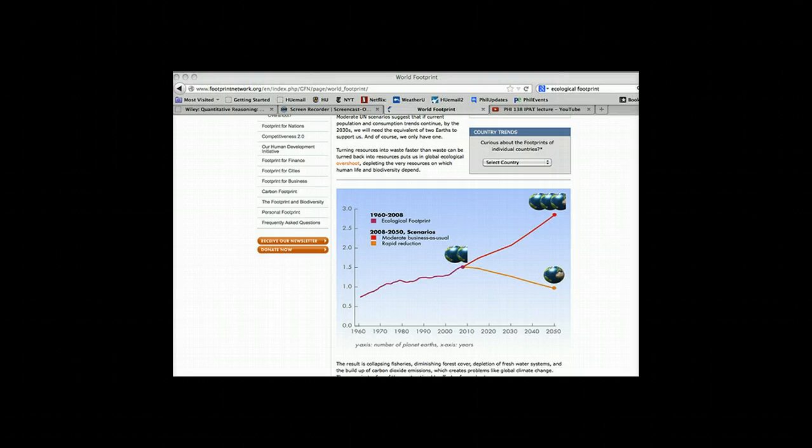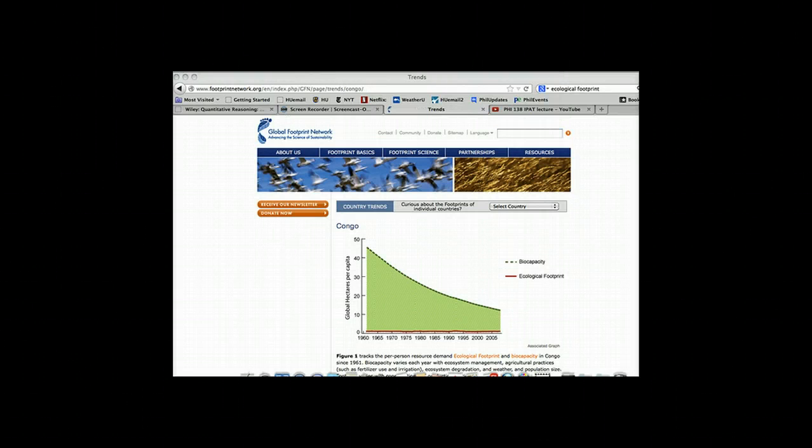I've brought up here the model for the world as a whole, sketched out from 1960 to 2008, and then projections from 2008 to 2050 on different possible scenarios, one where we don't really make any changes and continue with business as usual, and the other is where humanity tries to make a significant and rapid reduction in the resources used and the amount of wastes generated. Here I just want to show you two different countries.